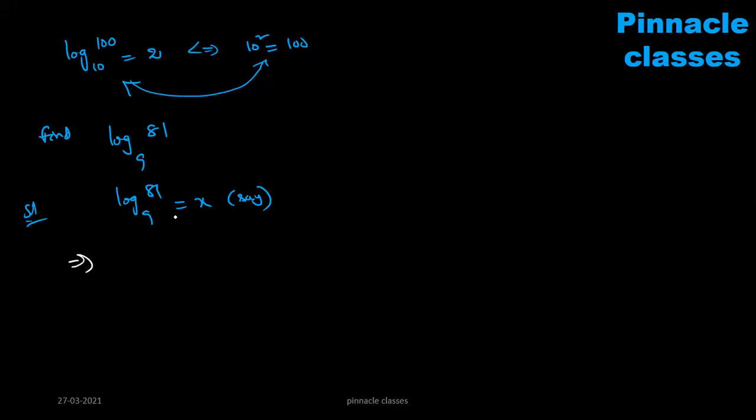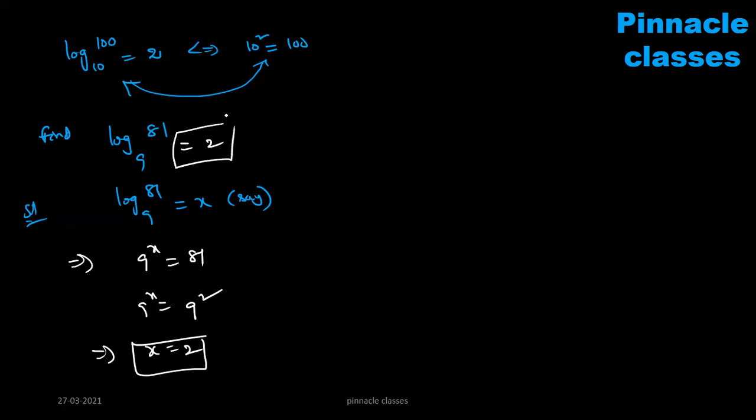Converting to exponential form, what is your answer? 9 power x is equal to 81. 9 power x is equal to 81 means how to write? 9 square. Base are equal, power should be equated. So this value is how much? That is the answer.